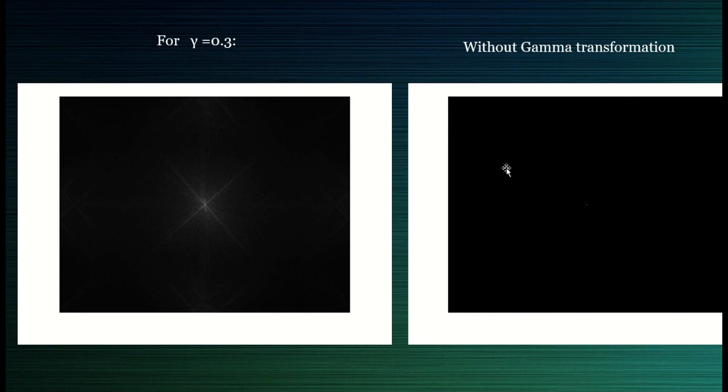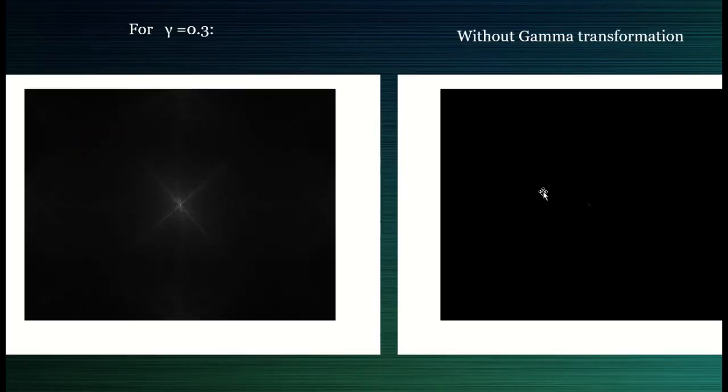Here we can observe that without gamma transformation we cannot see the frequency components. We can just see a small dot. By applying the gamma transformation, we can clearly see the frequency components.